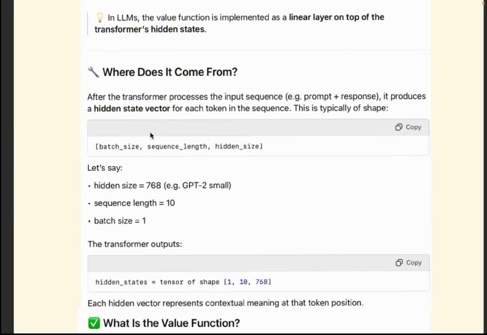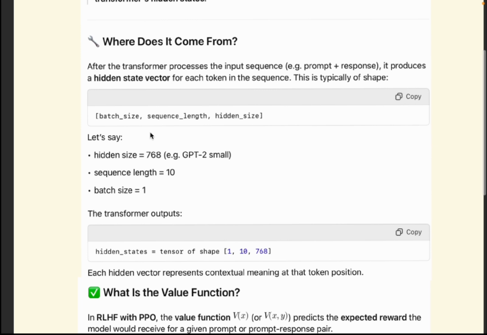So what we can do here, instead of having that feed forward layer, is technically just put a linear layer and use the hidden states in order to calculate the probability or kind of value of the tokens that are going to be generated.